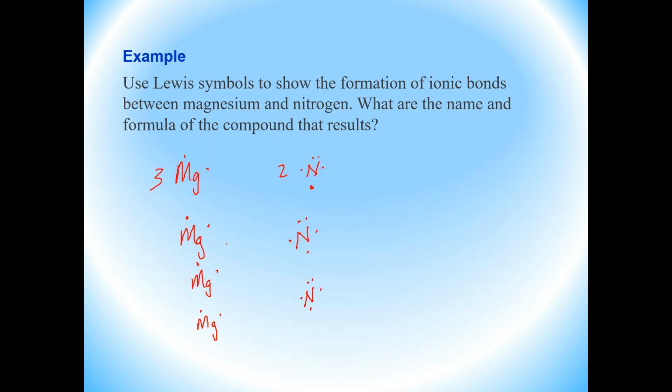is that you'll have the transfer of electrons. So I'll start off with this magnesium here. I would transfer 1 electron to here. I would transfer this electron to here. And then I'll transfer this electron to here.